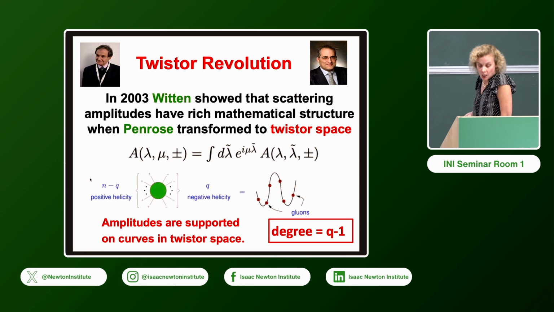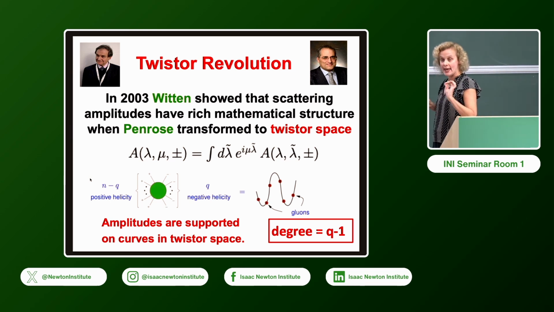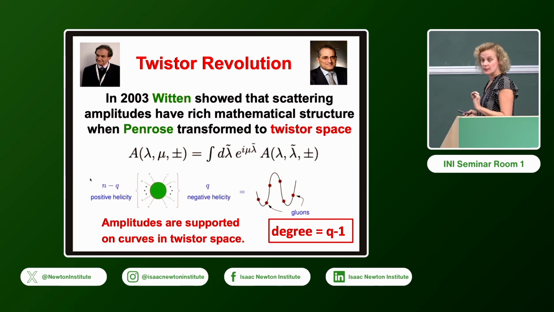What Witten showed is that if you do a Fourier transform with respect to lambda tilde, then the amplitudes now live in twistor space, in P3. And they have a very rich mathematical structure. The statement is that an amplitude has a number of external legs n, and every leg could be plus or minus helicity.